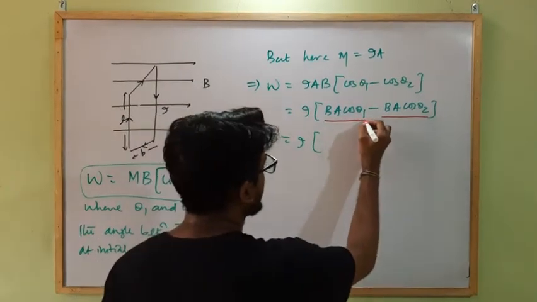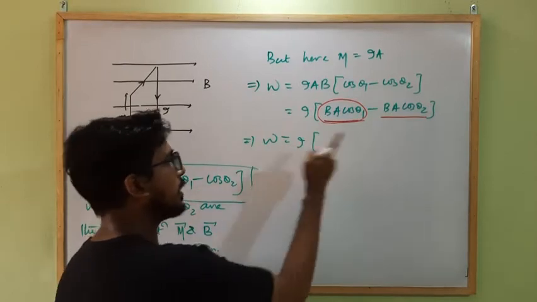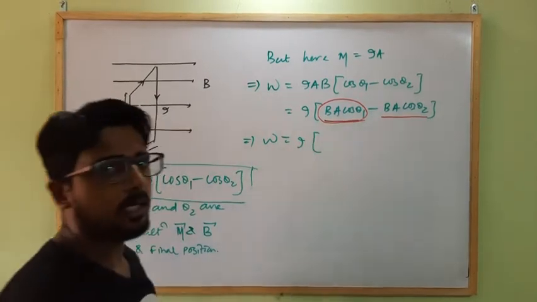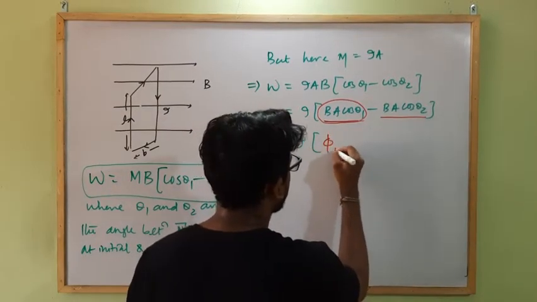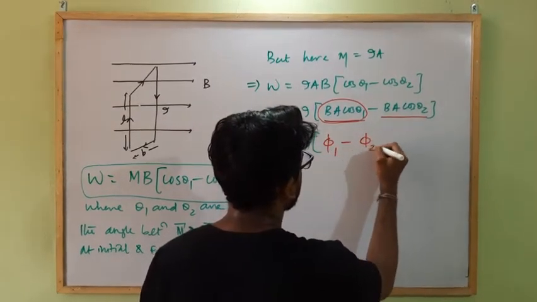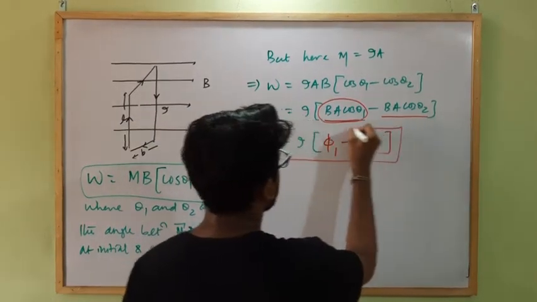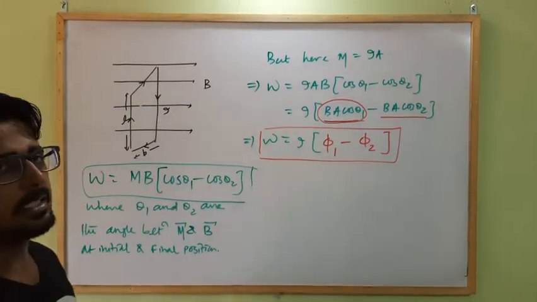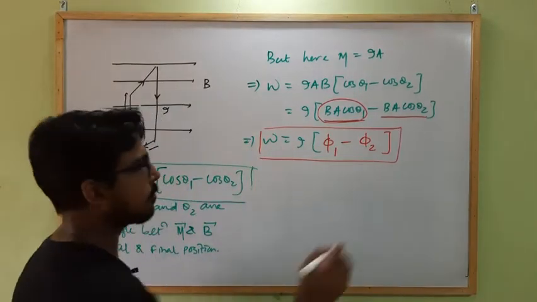So this complete term will give us what? The magnetic flux we already studied with the current carrying loop initially. So this can be taken as phi 1 minus phi 2. So this will be the work done in a current carrying loop present in an external magnetic field when we want to rotate it from theta 1 position to theta 2 position.